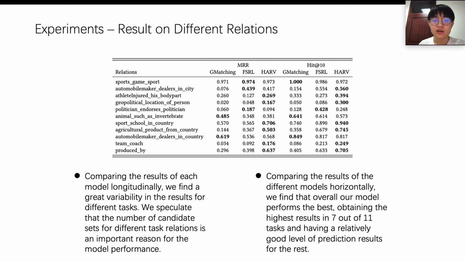And second, comparing the results of the different models horizontally, we found that overall our model performs the best, obtaining the highest results in 7 out of 11 tasks and having a relatively good level of predicting results for the rest.